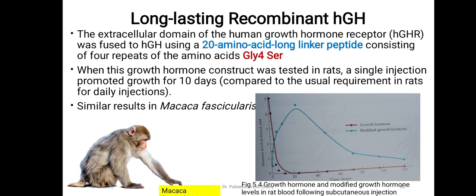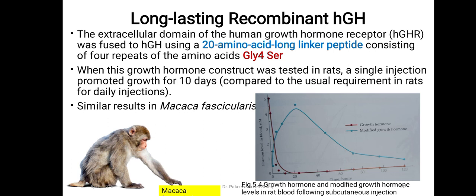What they did, they actually added the extracellular domain of the human growth hormone receptor. So they fused the receptor portion with the human growth hormone. And this fusion actually took place via a linker peptide.